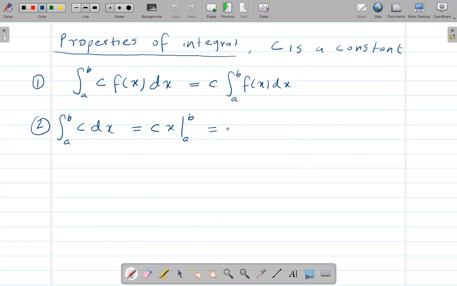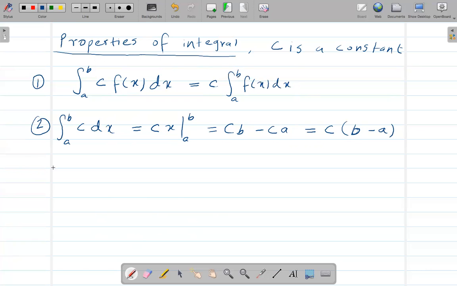So the c will stay there. Plug this value here instead of x, which will be b, minus, again c, and plug this a here, which will give a. Now from these two, just factor out c. So c times b minus a.